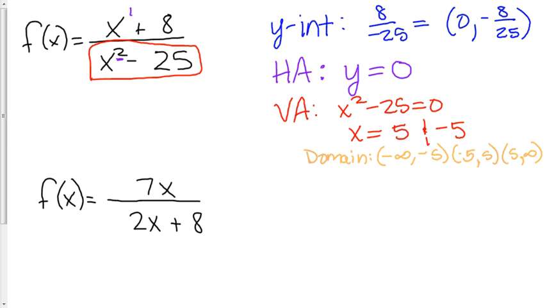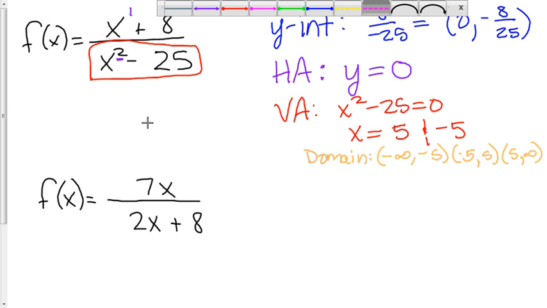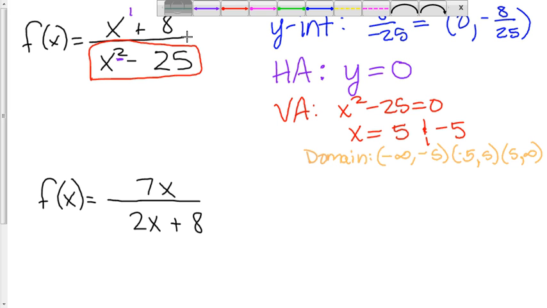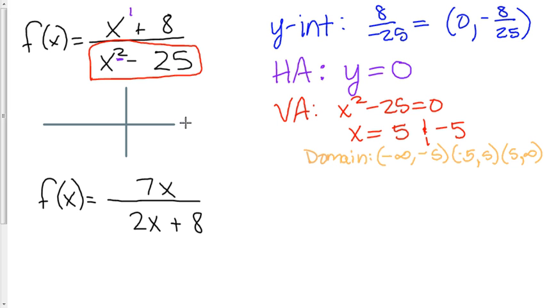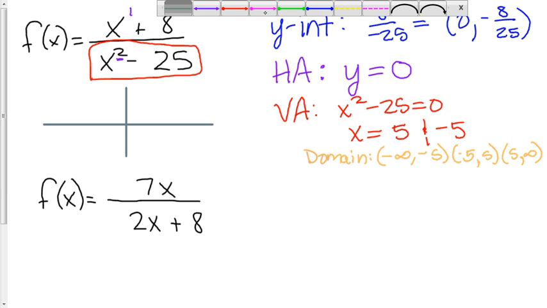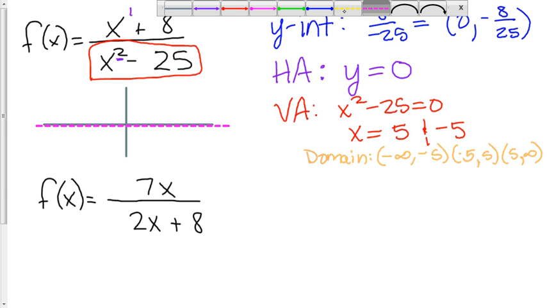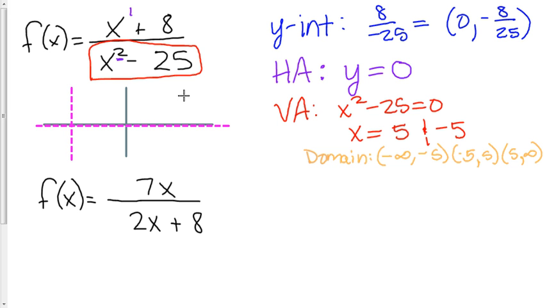And there we have all of the information we need, so we could sketch a graph of this. We have a horizontal asymptote at 0, vertical asymptotes at 5 and negative 5.